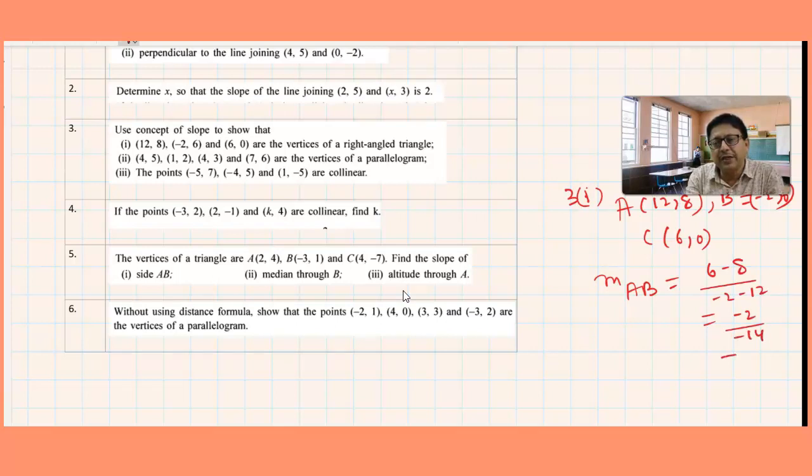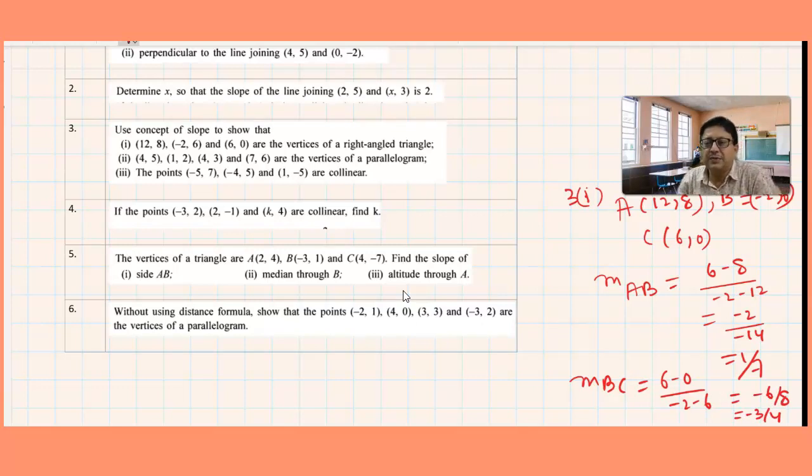-2 by -14, 1/7. For the slope of BC, 6 - 0 by -2 - 6, -3/4. Their product is not -1. MAB and MBC, their product is not -1.